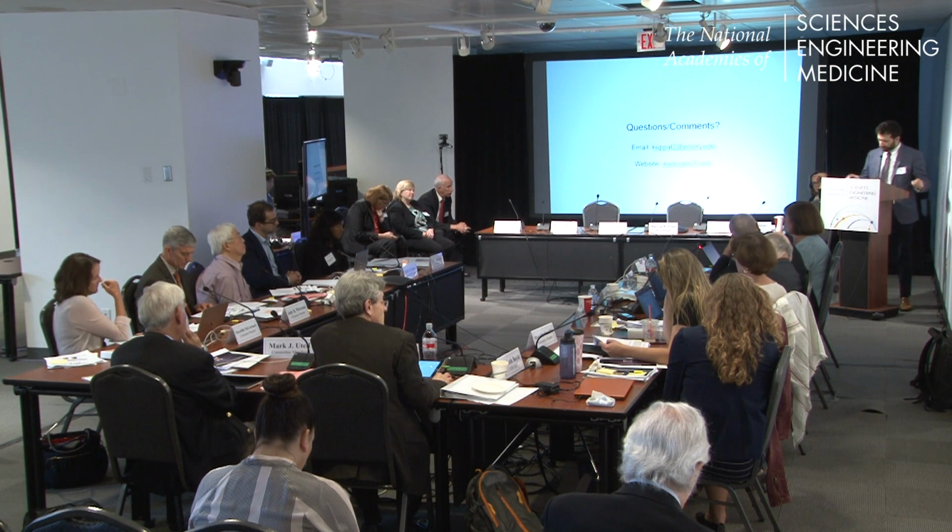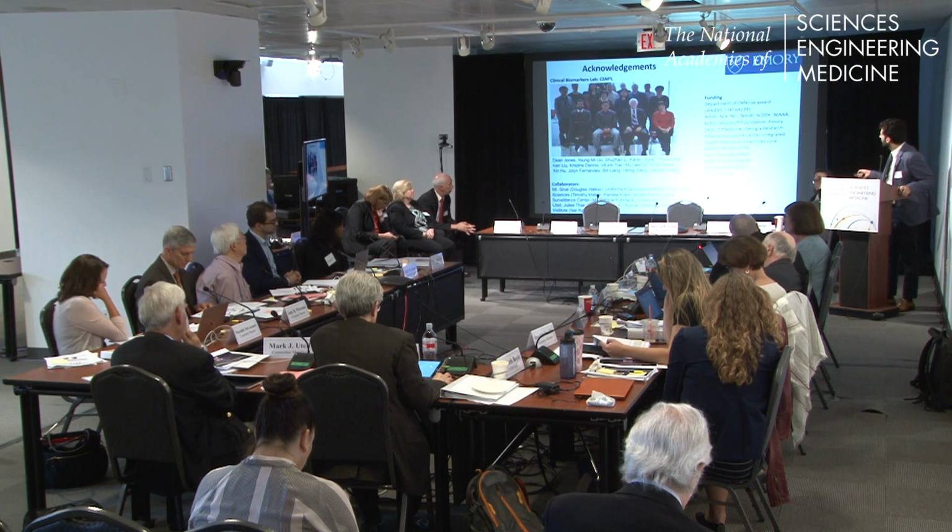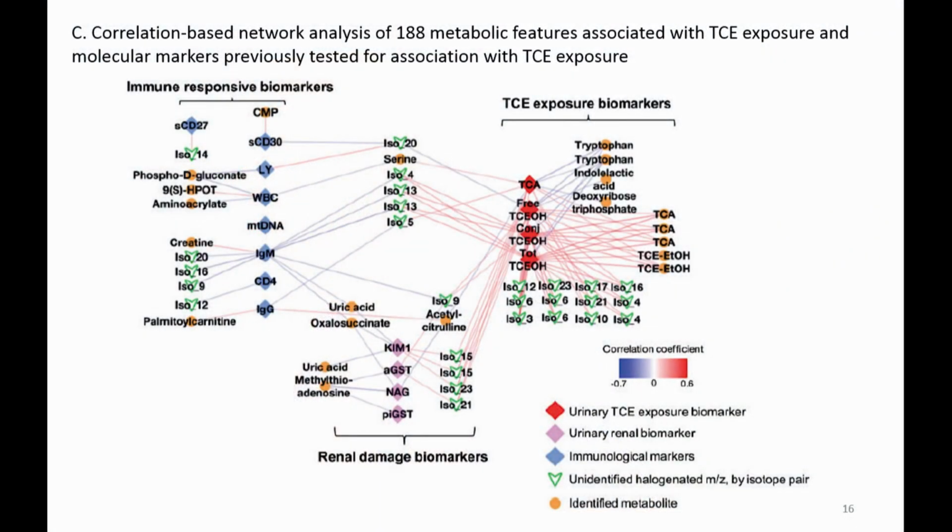Right. So one of the neat things about using HRM, for instance in this TCE study, is that the metabolomics data includes, if you're exposed to benzopyrene, chances are, and it also depends on the half-time of the chemical you're exposed to.